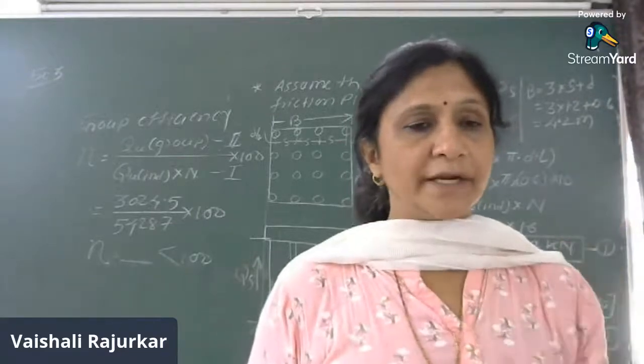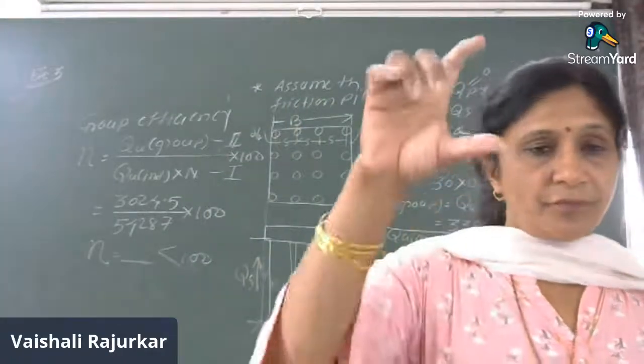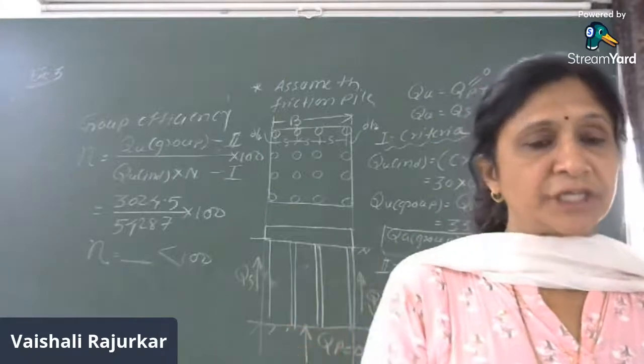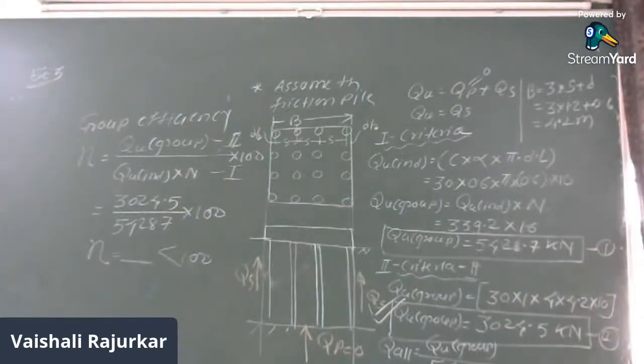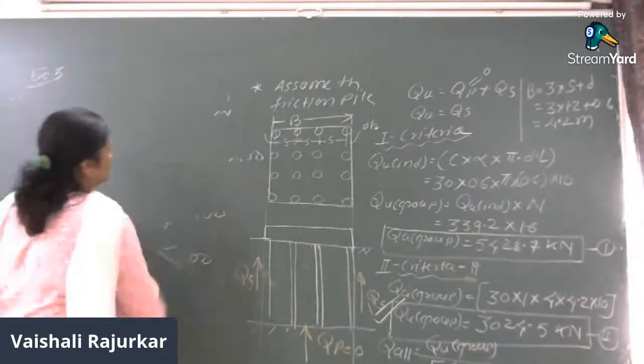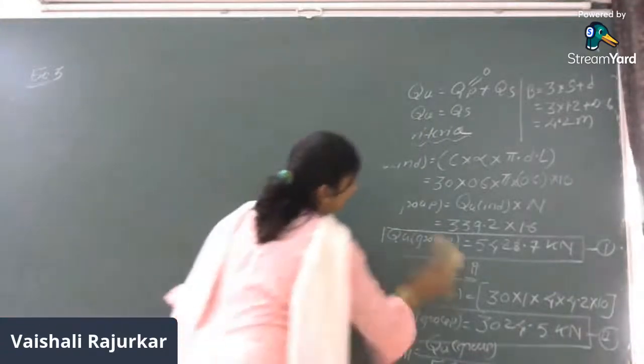If suppose there is a layered soil deposit, in that case we have to take the frictional resistance twice for the different lengths, whereas just to determine the friction at the bottom, we have to take the different value. Now, in the next example, we will see there is a layered soil deposit.